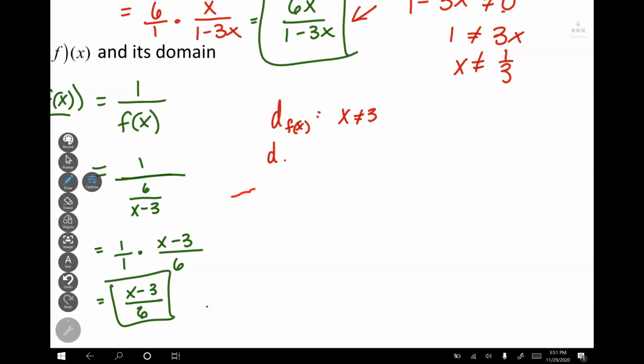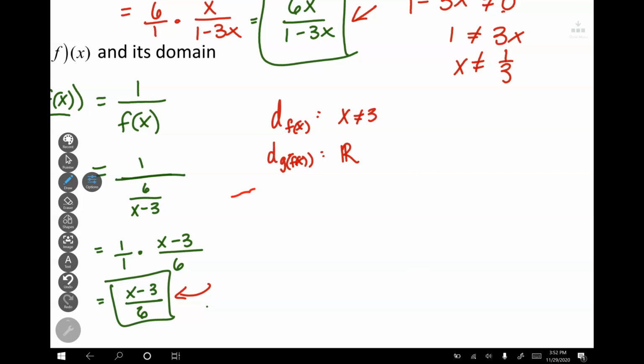And then the domain of g of f of x, looking at the domain of this guy at the bottom, well, the denominator is just 6. So you're saying 6 cannot equal 0. Well, 6 is never going to equal 0, so that's not an issue. The domain for this one, since there's no x in the denominator, is all real numbers.